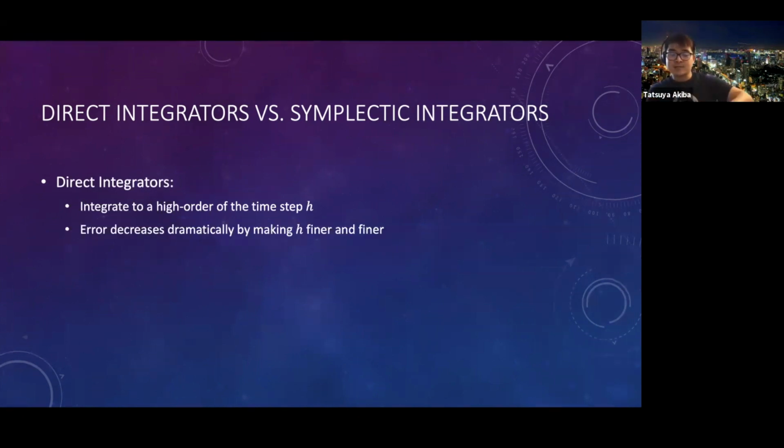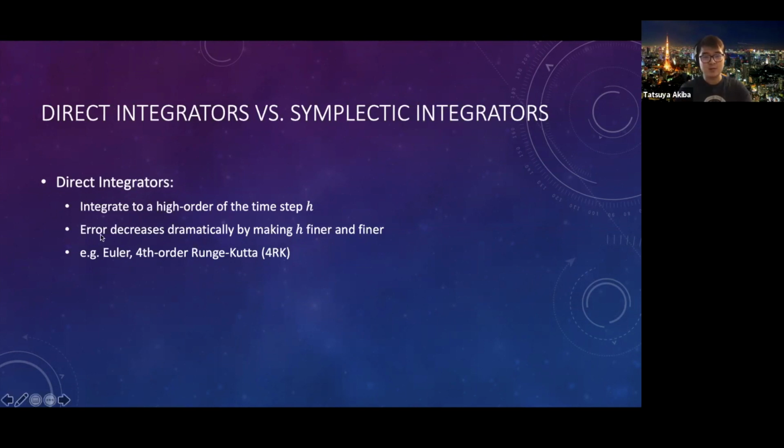As you make the time step finer and finer, the error of the direct integrators gets very small, and the accuracy increases dramatically. An example of a direct integrator, a not very good one, is Euler. This is probably the simplest one, where we just take the first order and stick it onto the direct integration and get the next time step. A better one is fourth order Runge-Kutta. I'll talk a little bit more about this in the next slide.